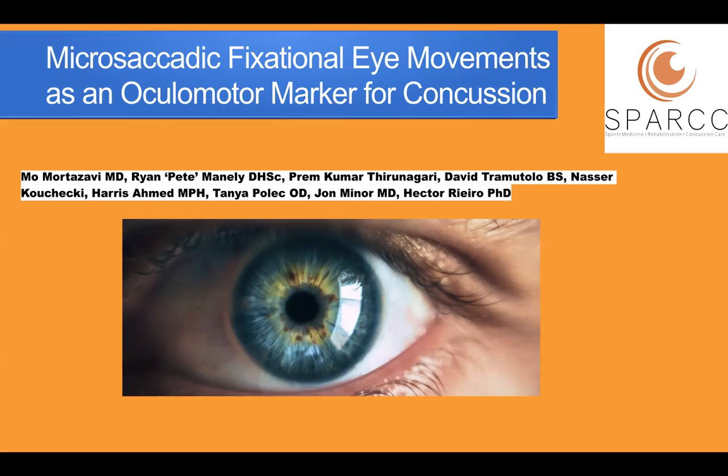This was retrospective. We had a lack of control for the severity of the injury or the medical issue. For the concussed group, we essentially took all comers. And the baseline data and the concussed data were obviously acquired at different locations, and we had different personnel doing it, although they were all following the same protocols.